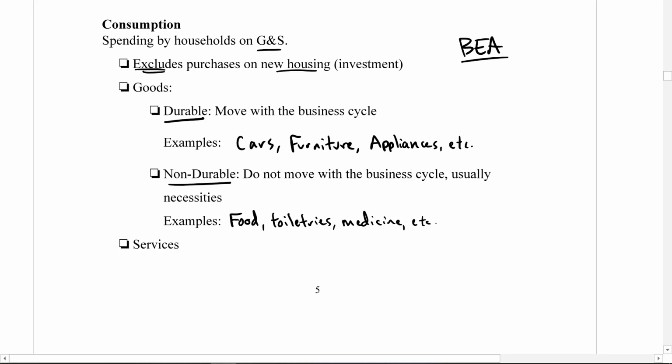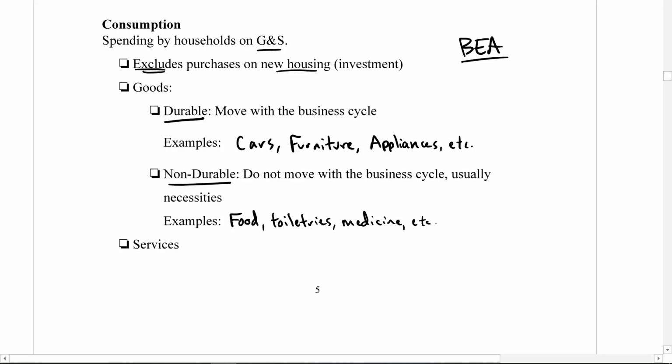Okay, services we're going to leave as a broad category, but these are going to include things from lawyers and bankers and kind of white-collar jobs and things like that, to jobs like waiters and waitresses, right? Hotel receptionists, clerks, any type of service industry where it's not an actual good that's being produced, but a service.